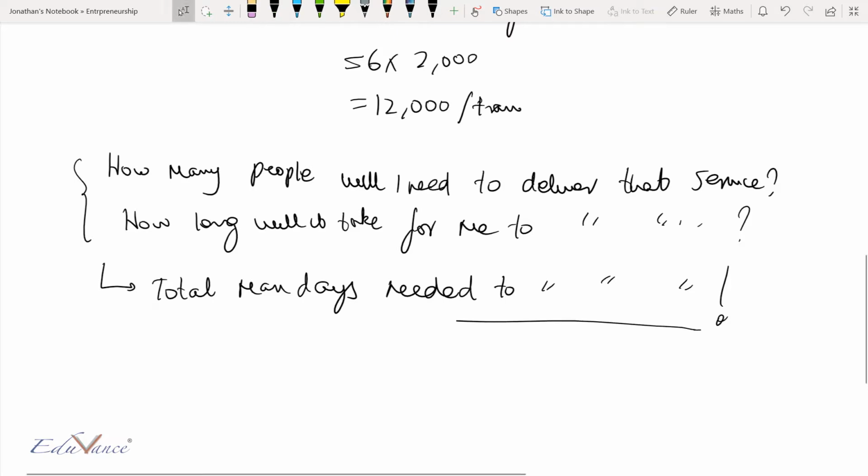So this is an important concept you need to understand when it comes to a services company.